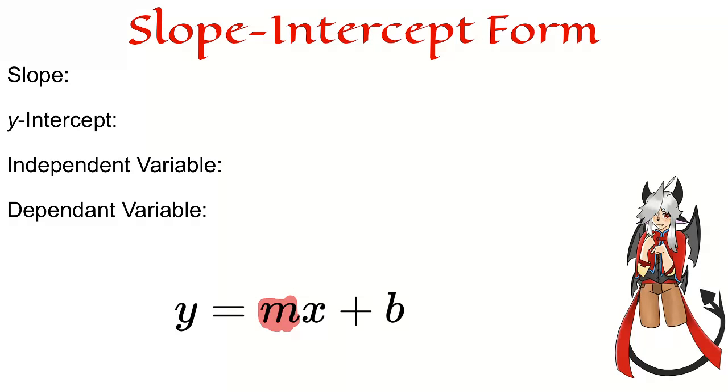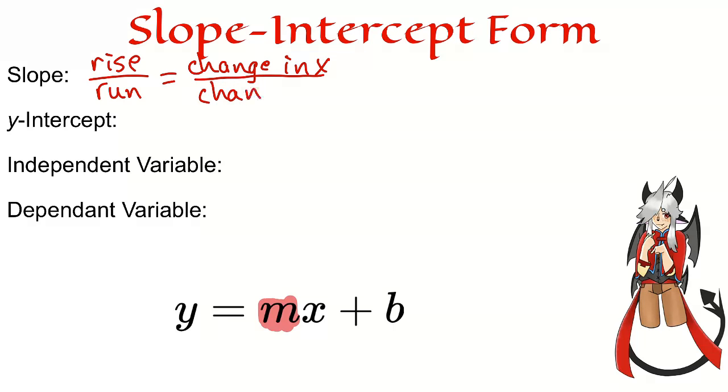And when we talk about slope, we talk about rise over run. And another way of thinking of that is change in x, that's the rise, over change in y, that's the run.